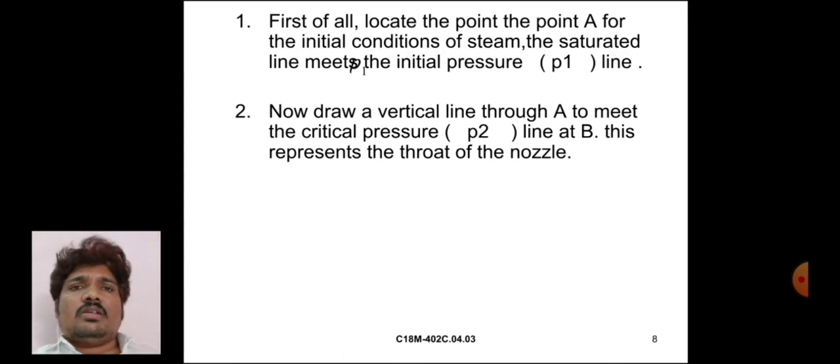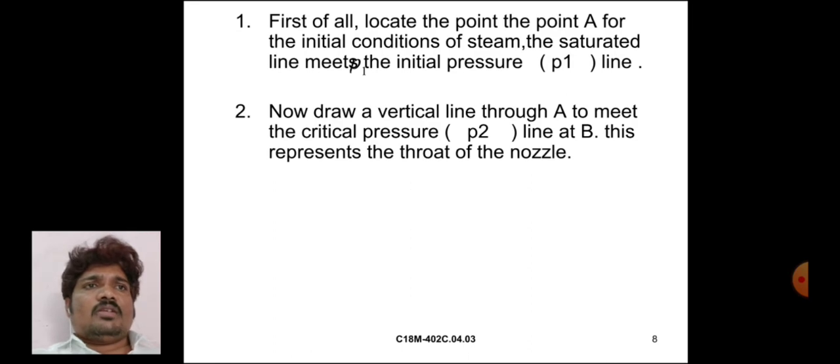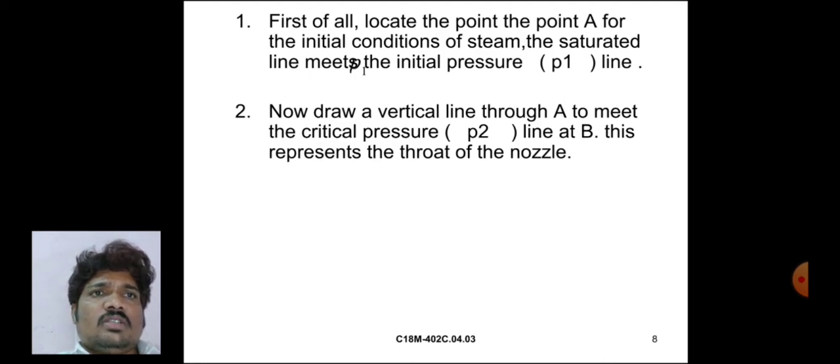A is the initial condition of the steam, where the saturated line meets the initial pressure P1 line.